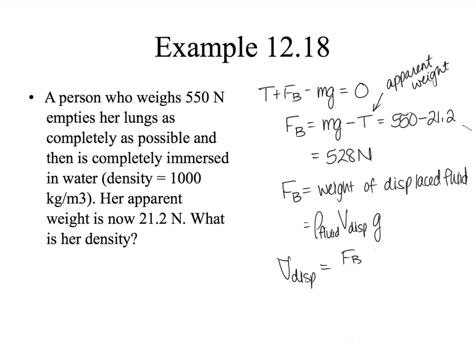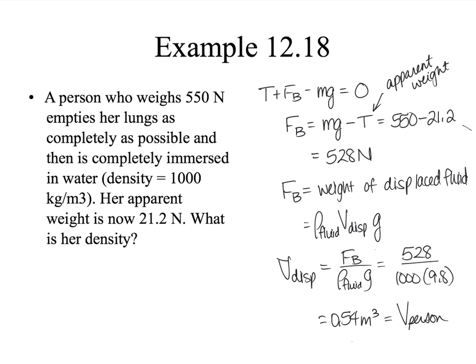It is equal to the buoyant force divided by the density of the fluid times g, which is 528 newtons over the density of the fluid, 1,000 kilograms per cubic meter, and 9.8. The volume that's displaced is 0.54 meters cubed. This is also the volume of the person because that's how much fluid was displaced.